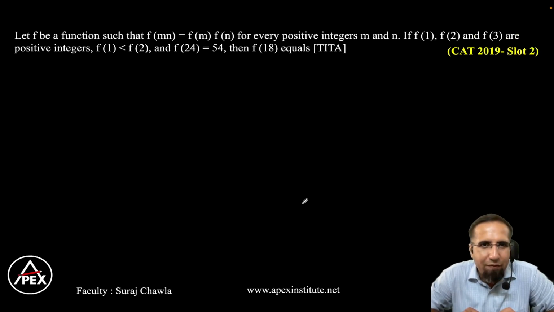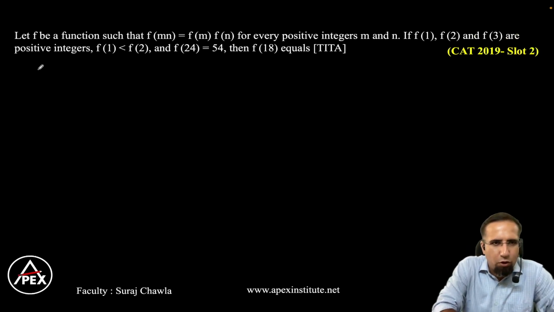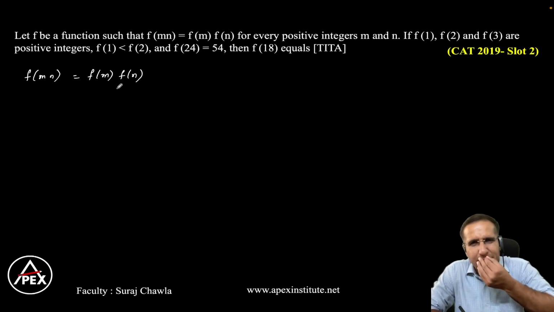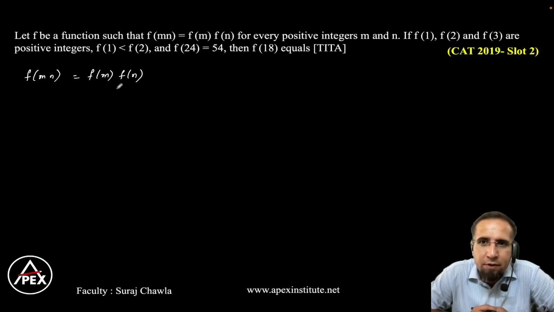Now I am told that f of m into n is equal to f of m into f of n for every positive integer m and n. Okay, f of 1, f of 2, f of 3 are positive integers.